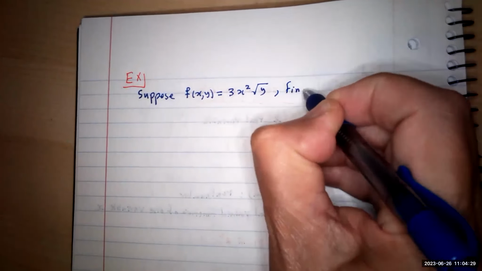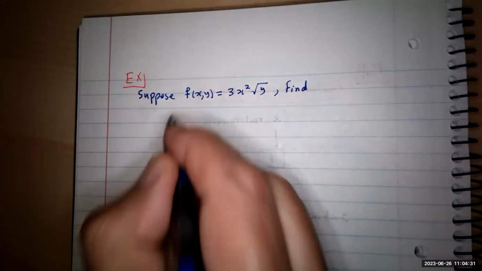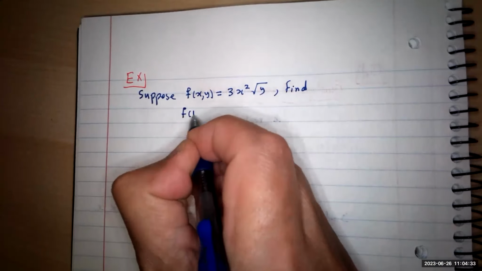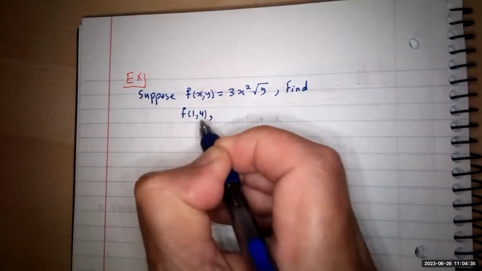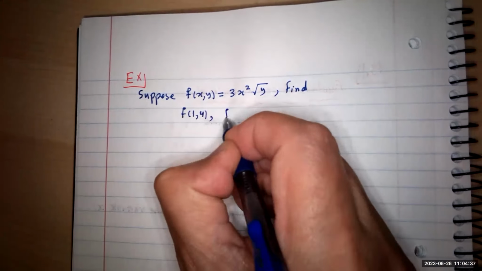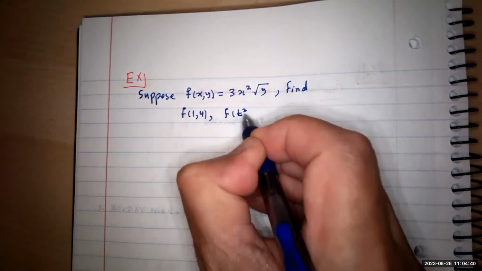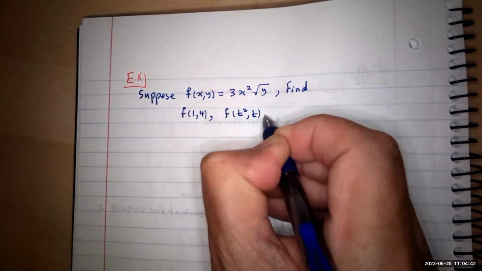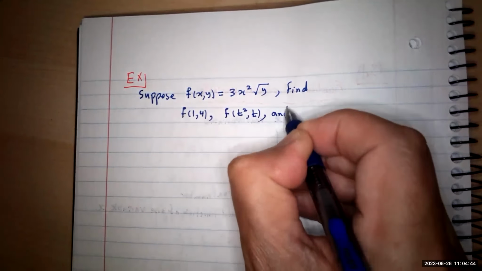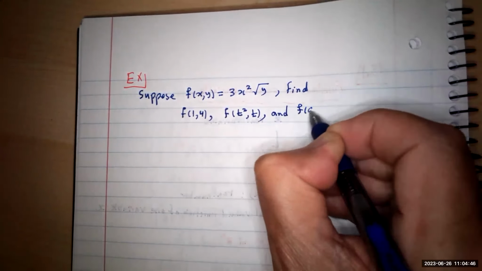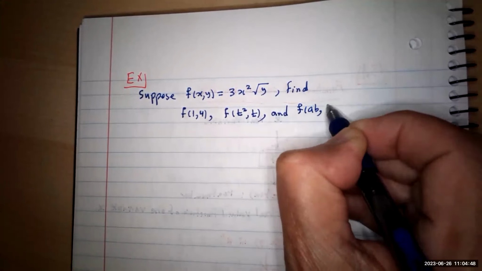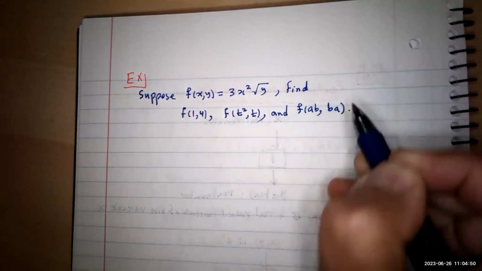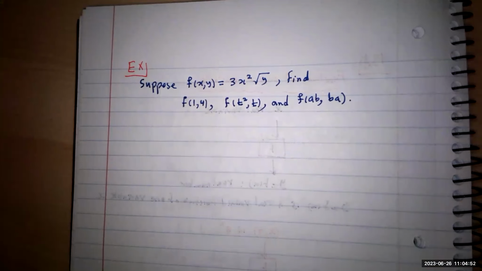Don't be surprised. They ask you to find what is f of 1 and 4, what is f of t squared and t, and what is f of ab and ba. These types of ideas.